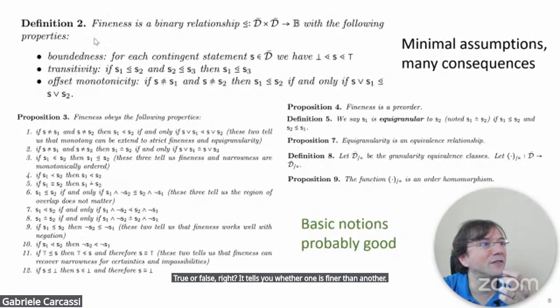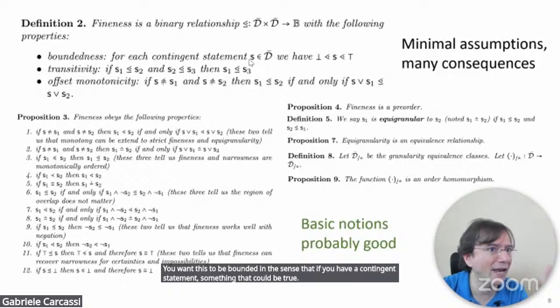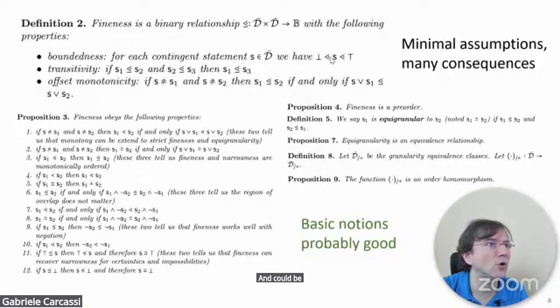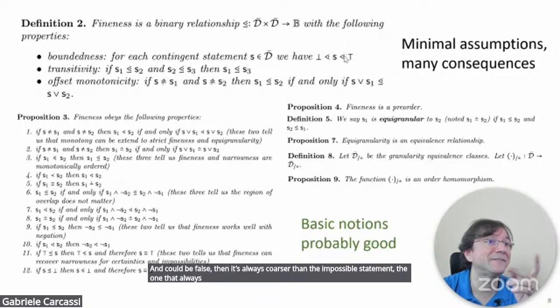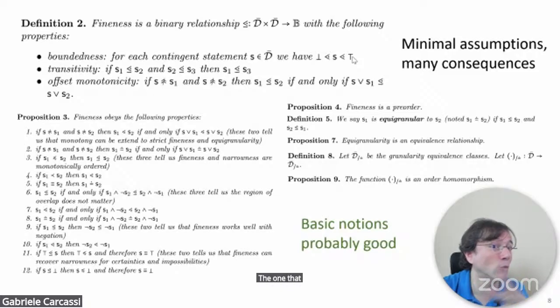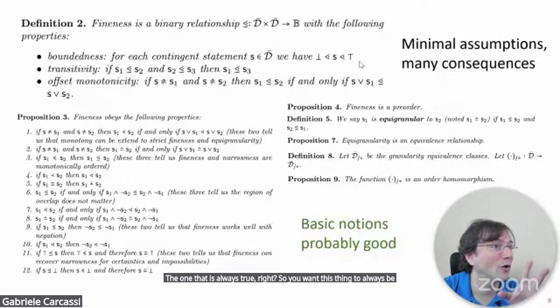You want this to be bounded in the sense that if you have a contingent statement, something that could be true and could be false, then it's always coarser than the impossible statement, the one that is always false, and it's finer than the certainty, the one that is always true, right? So you want this thing to always be in the middle of these two.